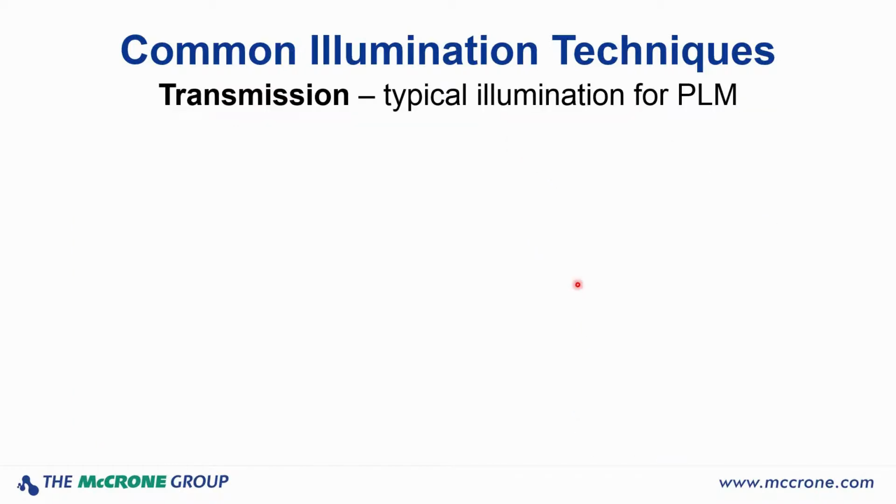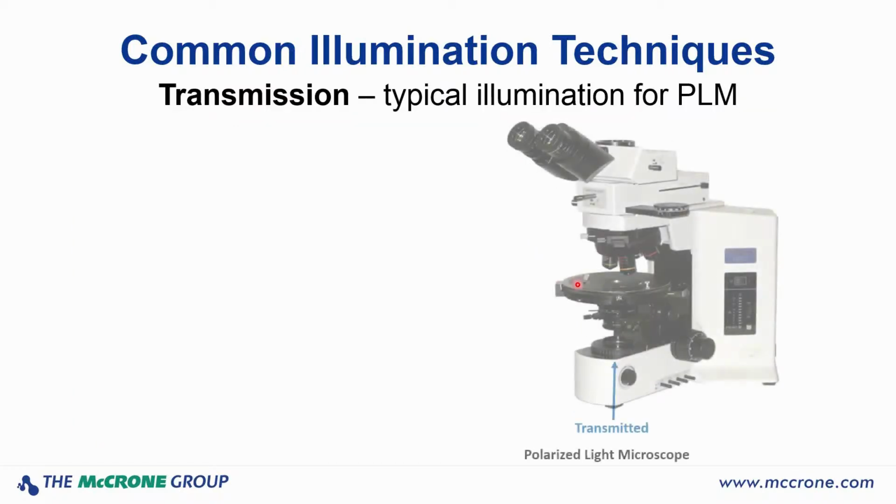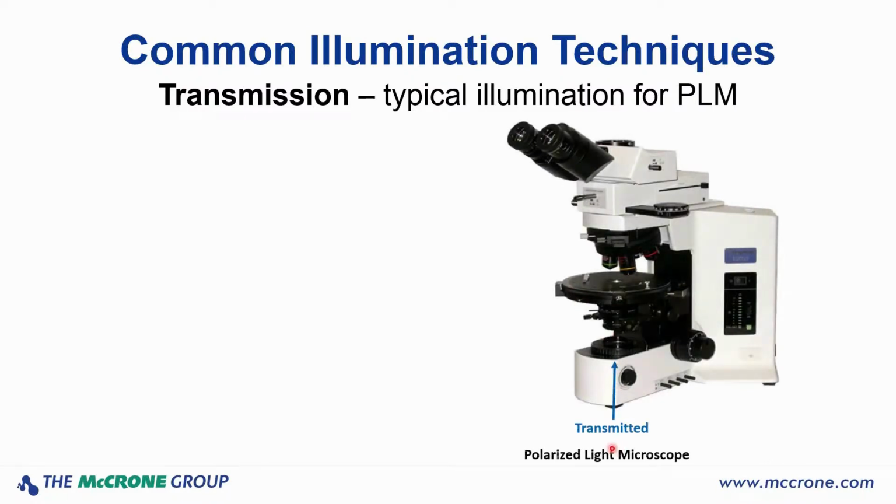Now, when we go to transmission illumination, that's typically what we think of on a polarized light microscope. The light comes up through the bottom, comes up through our specimen, and the light comes on up, and we see it through the eyepieces. So it's transmitted. It goes through the specimen.